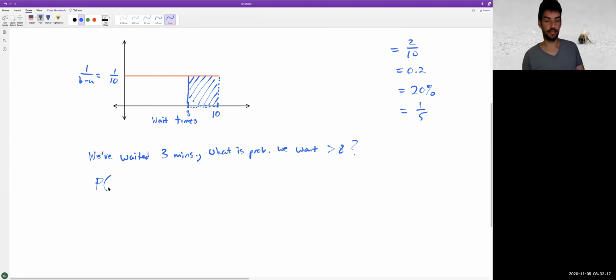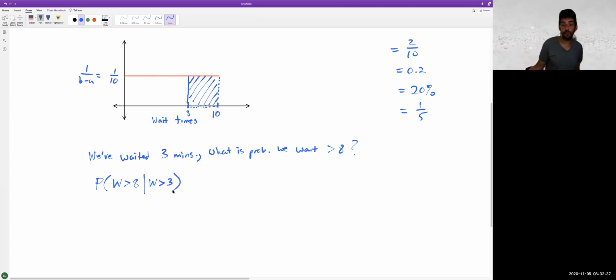First of all, let me write this question out in our probability notation. This is the probability that W is greater than 8, given that W is already greater than 3, right? Because we've already waited 3 minutes. That's a given. That's happened. Well, let's just follow the definition of conditional probability.